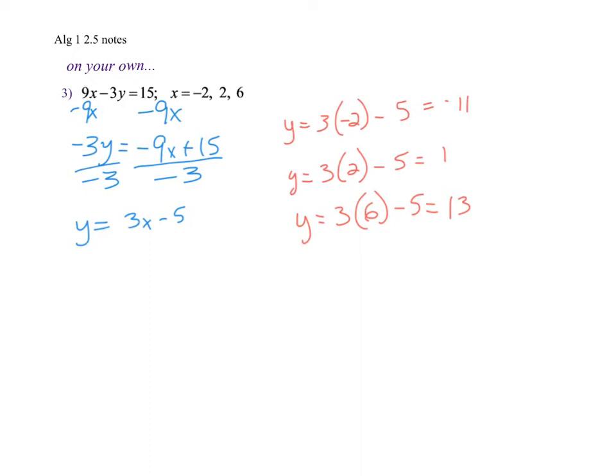Then we plugged in all of these values for x. That's how we got all of these values right over here. We solved those equations for y to figure out what y was equal to. So we got negative 11, 1, and 13. There's your explanation.